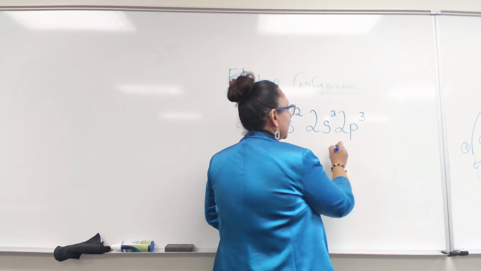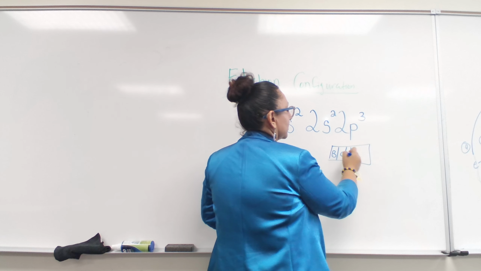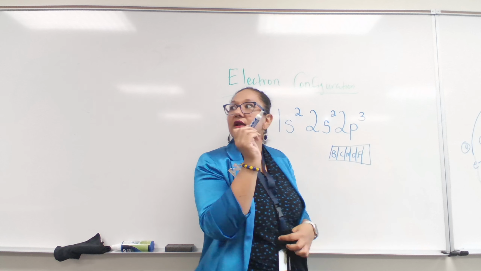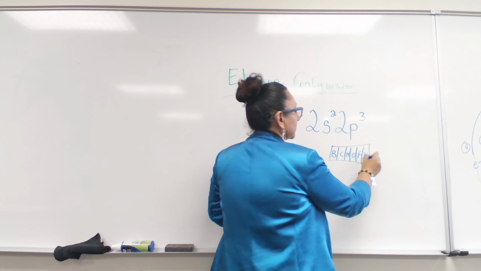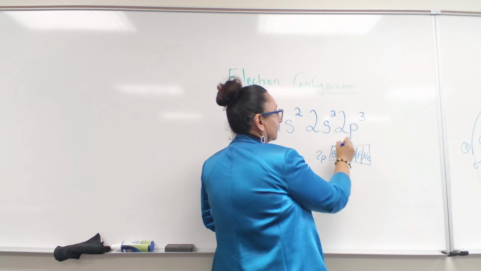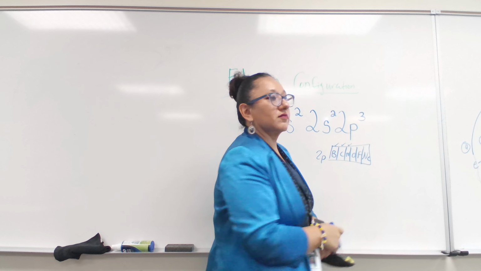So if we look at the 2p, we had boron, carbon, nitrogen, oxygen, fluorine, and then neon. So this is my 2p. Boron's the first one, carbon's the second, nitrogen is the third electron.